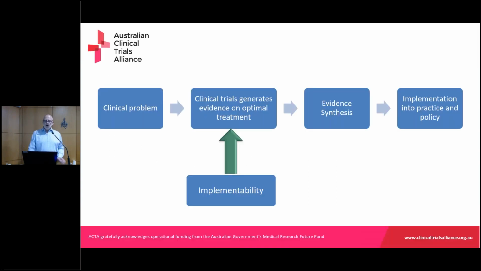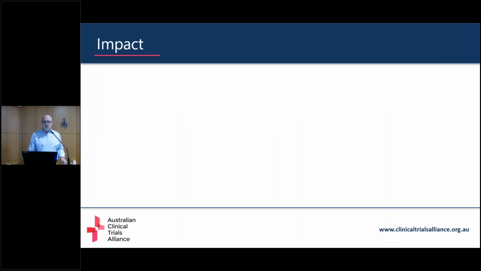So this is a simple diagram, a clinical problem. A clinical trial generates evidence on optimal treatment, progresses through evidence synthesis into implementation, into practice and policy. Implementability is really a body of work that impinges on the clinical trial stage to make sure that the results of the trial that are going to be generated are as implementable as possible.